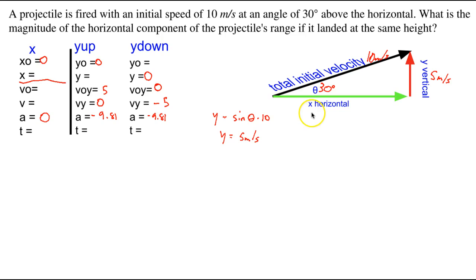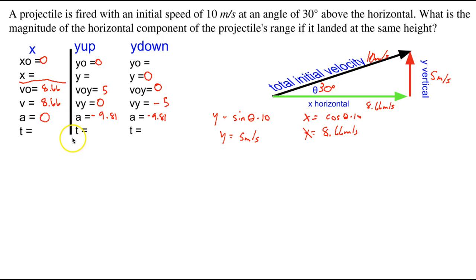And in the x direction, if there is no acceleration, my final velocity in the x direction is going to be 0.866. Okay?